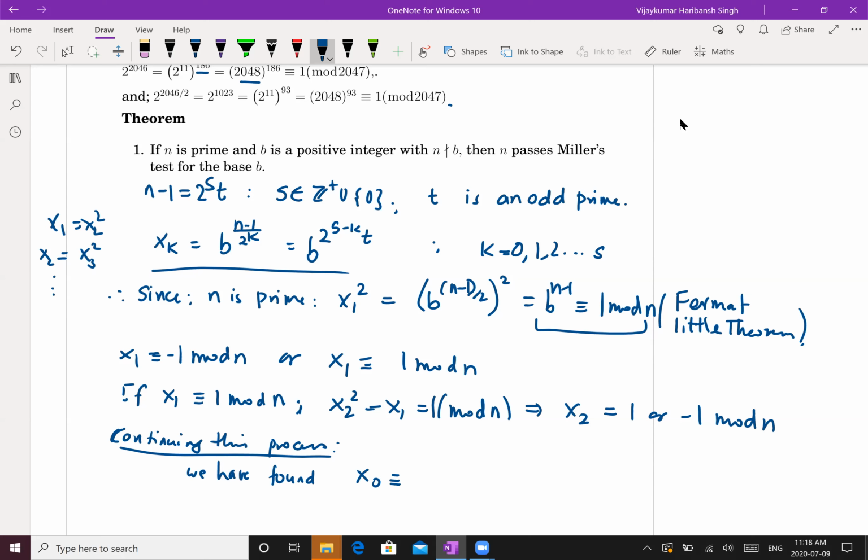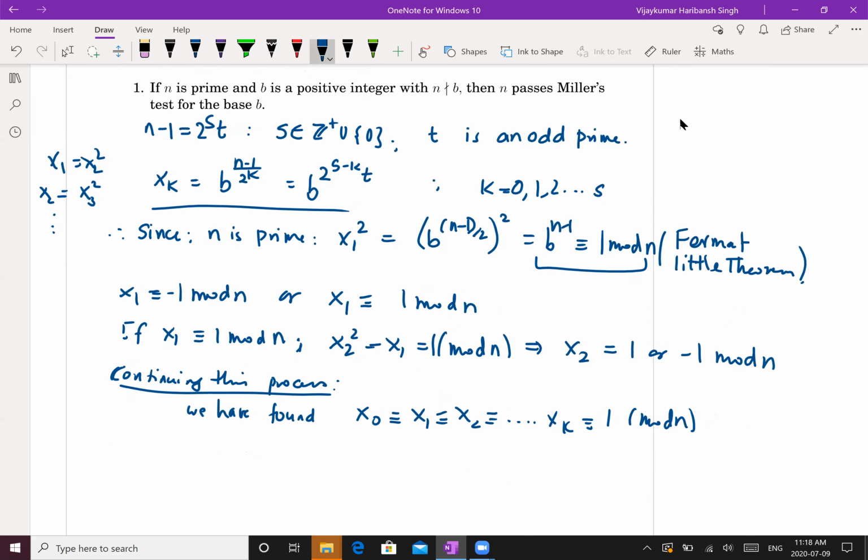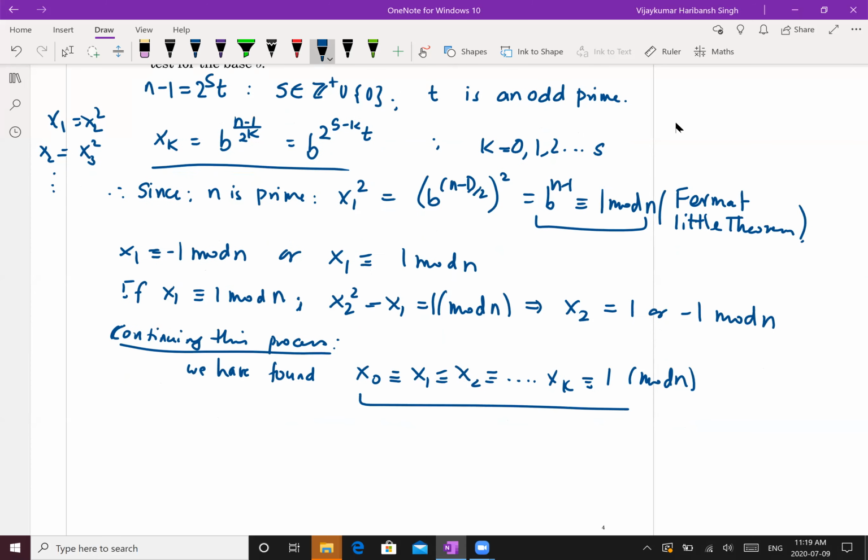we have found that we have x0 congruent to x1 congruent to x2 congruent to dot dot dot xk congruent to 1 mod n, or we have the following.